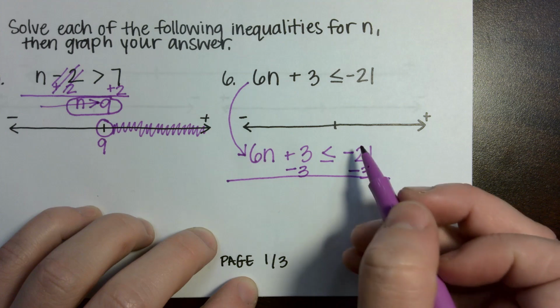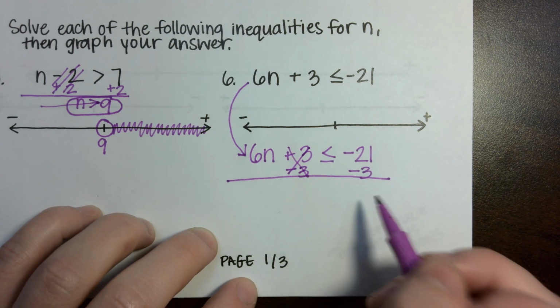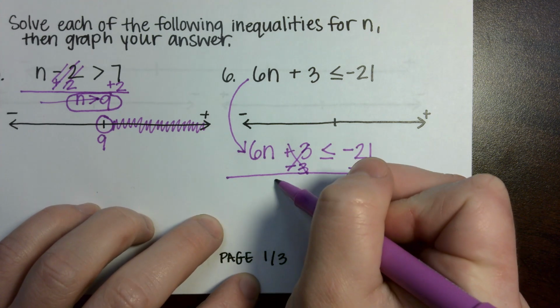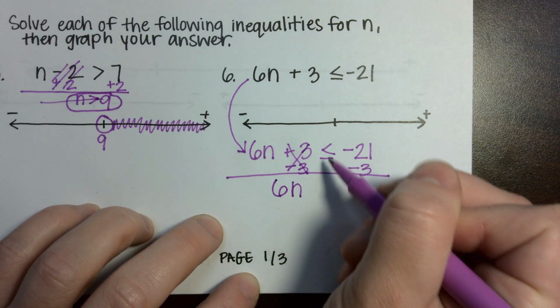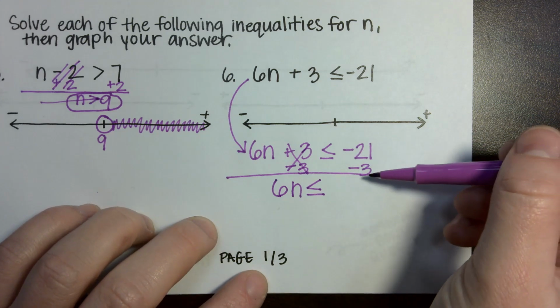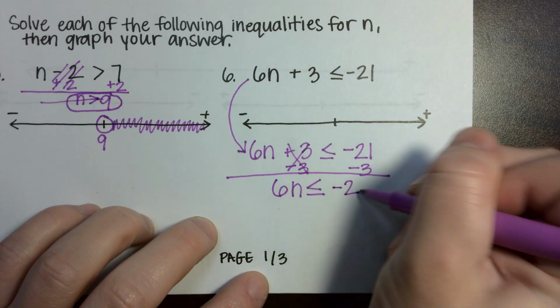Now we've got 2 negative numbers here, so let's really think about what our answer is going to be for negative 21 minus 3. First I'm going to bring down 6 times n is less than or equal to. Now, what is negative 21 minus 3? Yes, negative 24.